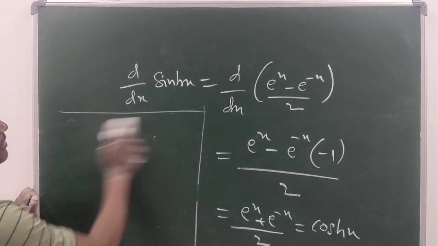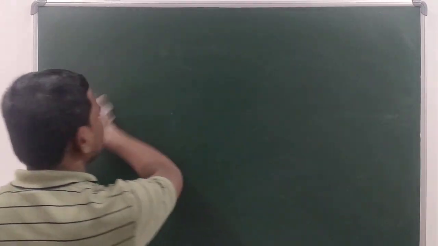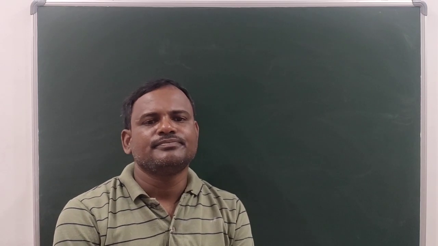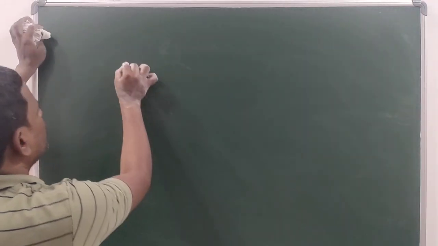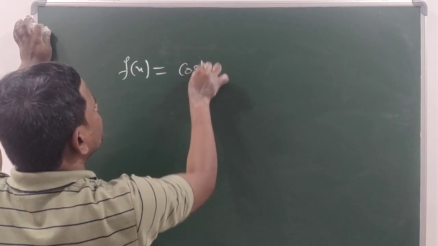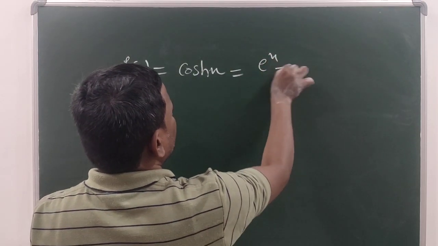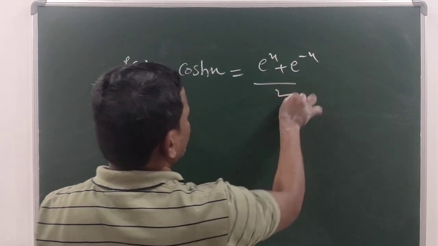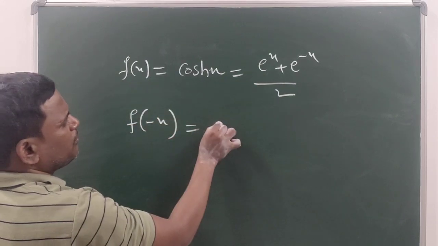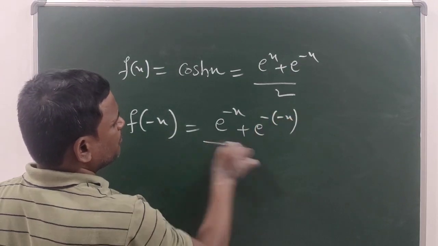Okay? Right. Now let us go to this cos hx. Is cos hx an even or odd function? Tell me. E power x plus e power minus x by 2. Now put x equal to minus x: e power minus x plus e power minus of minus x by 2.